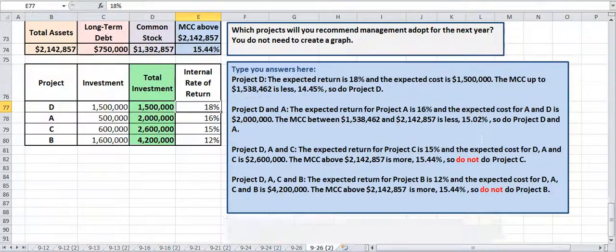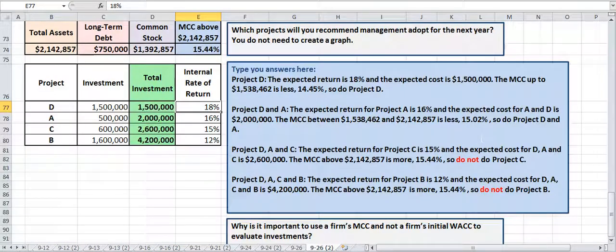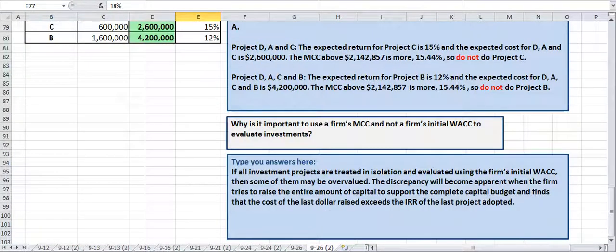Okay. Now I ask you to write that out in a narrative right here, explain that, and then I've asked you to talk about why it's important to use the marginal cost of capital and not the firm's initial weighted average cost to evaluate investments, and that's because these are cumulative.